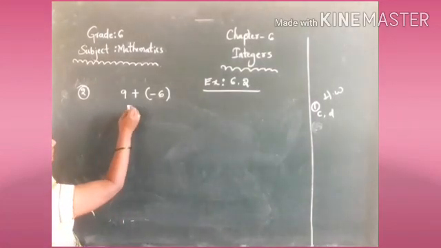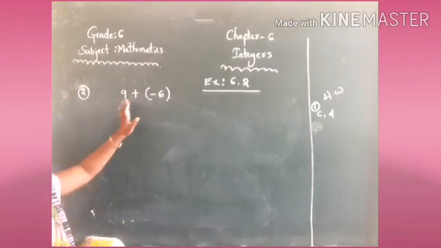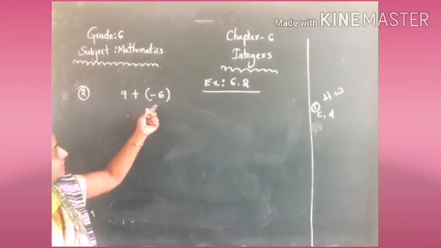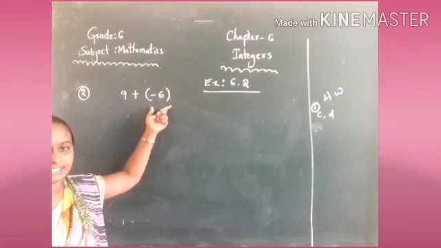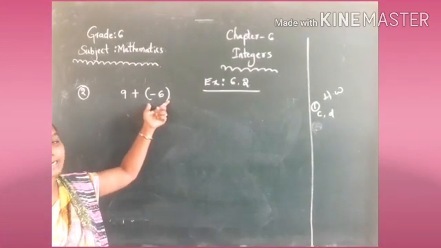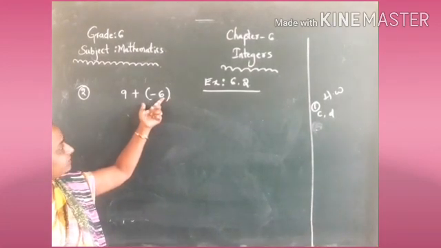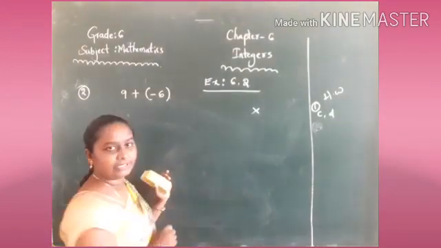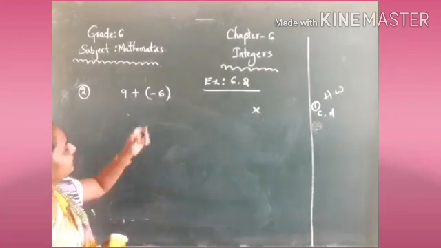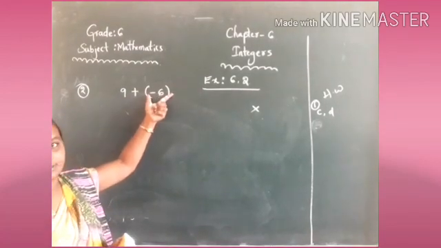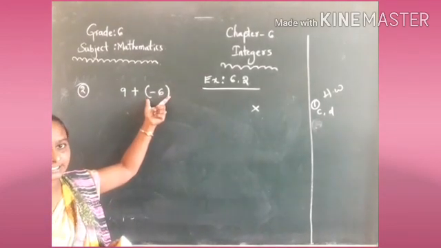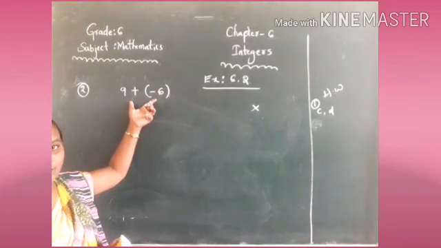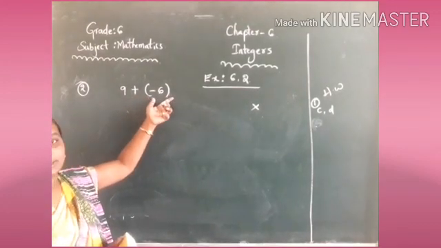So that means you have to observe here, plus. This "of" means you have to consider it as multiplication. This "of" means into, multiplication. So this minus is inside of multiplication. Before doing this operation, we have to remove this one.